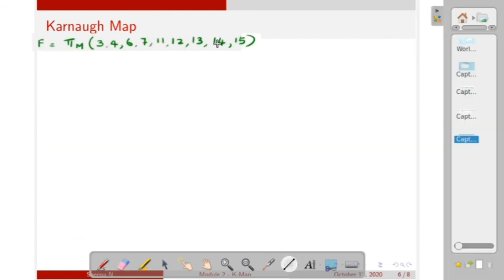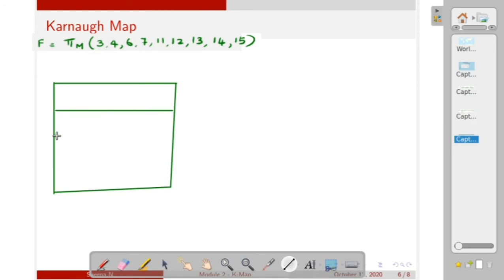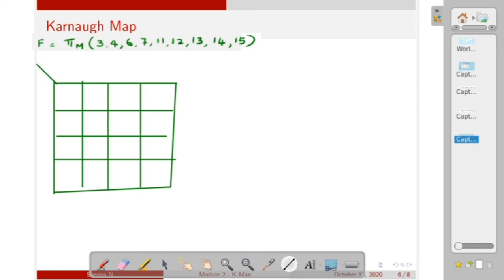So this is the Boolean function in POS form. So we have to simplify this one. So for this we draw the K-map, the 4 variable K-map. So here it is, A, B, C, D, 0, 0, 0, 1, 1, 1, 1, 0. Here it is 0, 0, 0, 1, 1, 1, 1, 0.